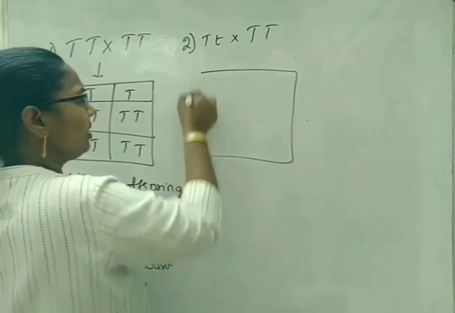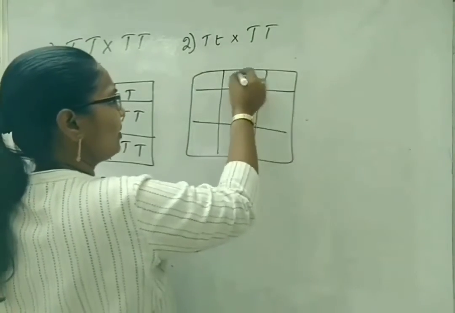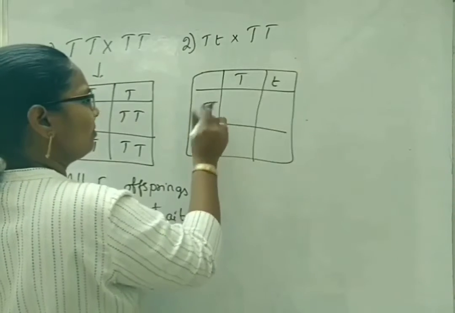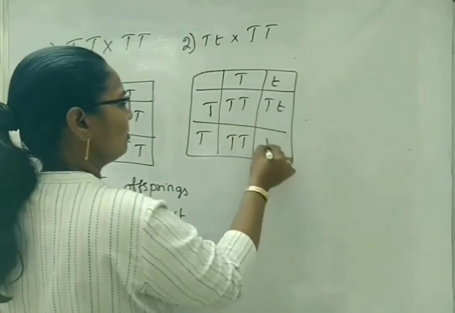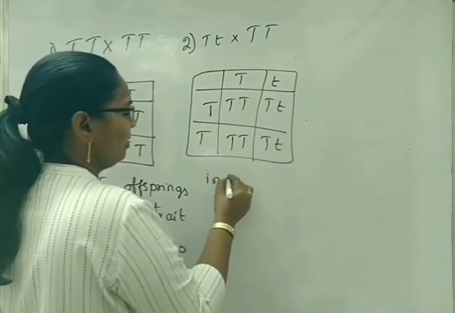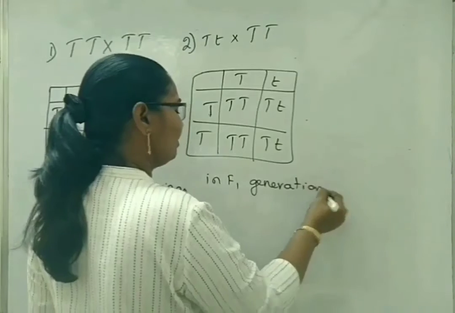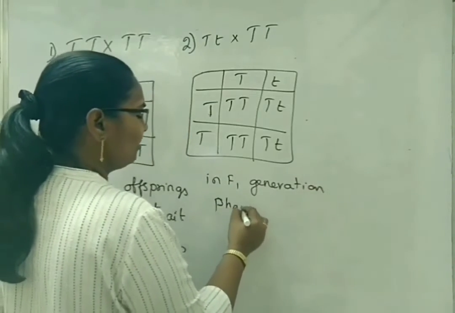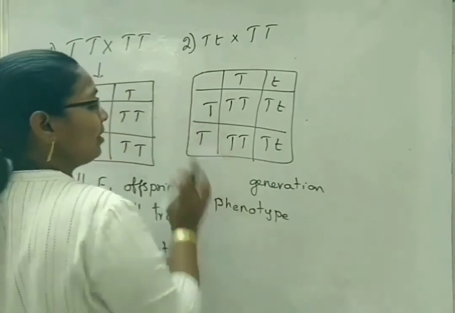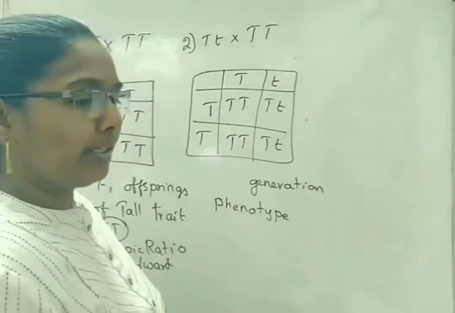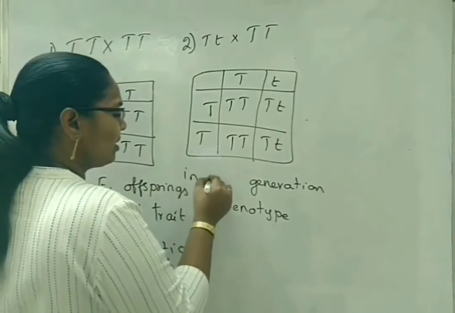Again, draw a Punnett square and check what are the types of alleles and what is the phenotypic character. In F1 generation, the phenotype, or since we have used in the definition that we can take any parent or F1 or F2, we can write in the next generation.